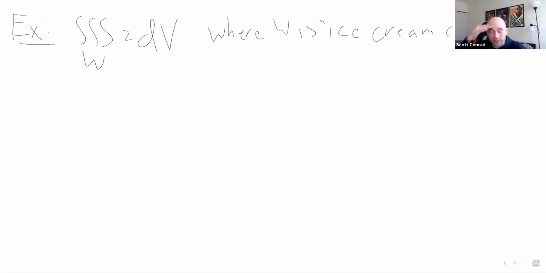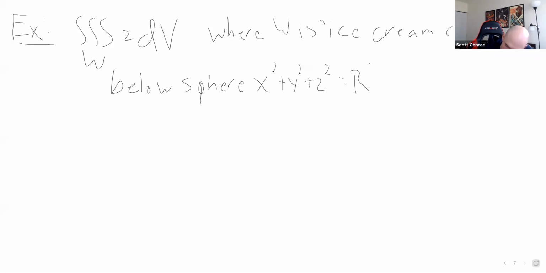So it's going to lie below a sphere. That's the ice cream part, the sphere. Let's say the radius of the sphere is capital R here. It could be whatever. And it's going to lie above the cone z squared equals x squared plus y squared.